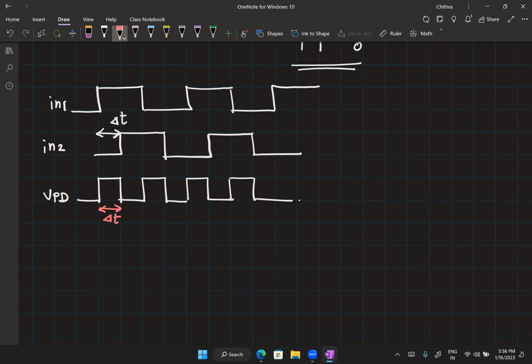Now, if this signal had a period of t naught, what is the period of VPD? It will be t naught by 2. So can you write the expression for the average value of VPD? So I'm looking at the average of the signal.